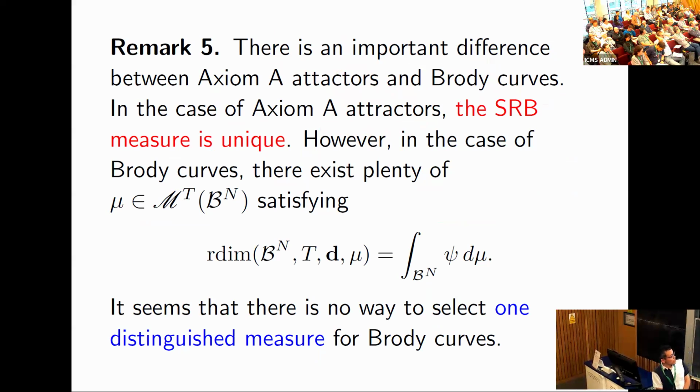On the contrary, in the case of Brody curves, there are plenty of measures satisfying this equation. So unfortunately, it seems that there is no way to select one distinguished measure for Brody curves. There are many nice measures, and there is no way to select one best measure.